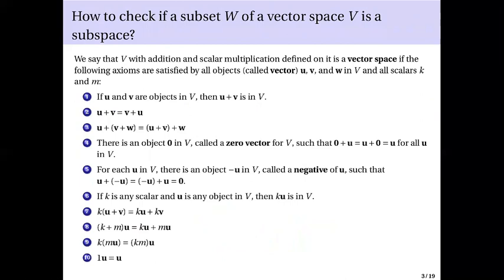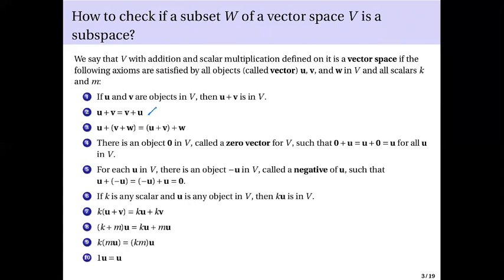Notice W is just a subset of V, meaning the objects in W are also objects in V. And we are using the same addition and scalar multiplication from V, so it means that all the objects of W would satisfy this.